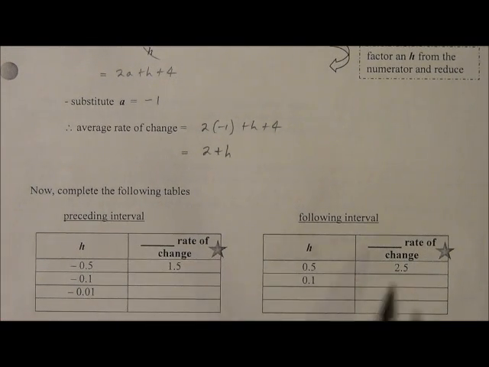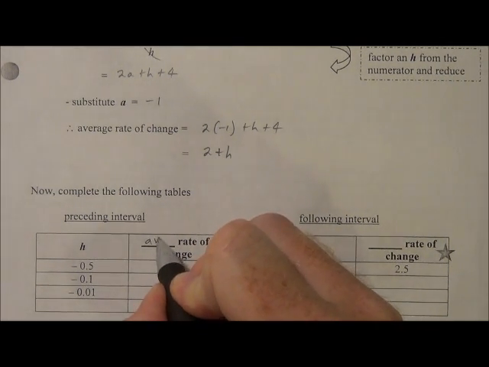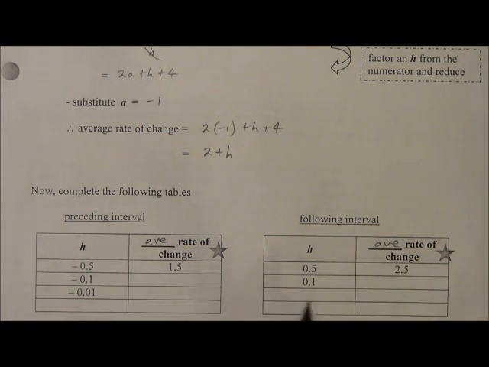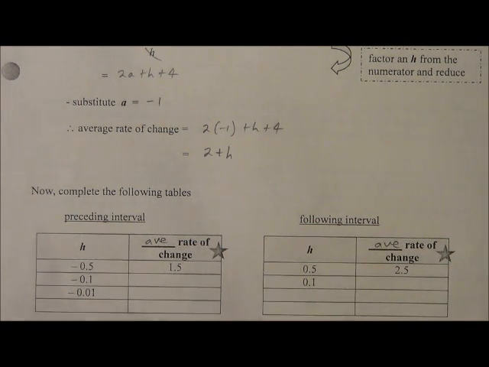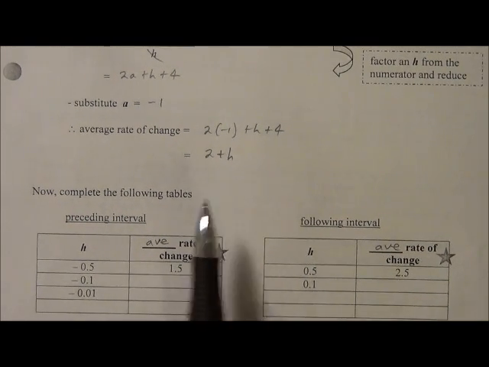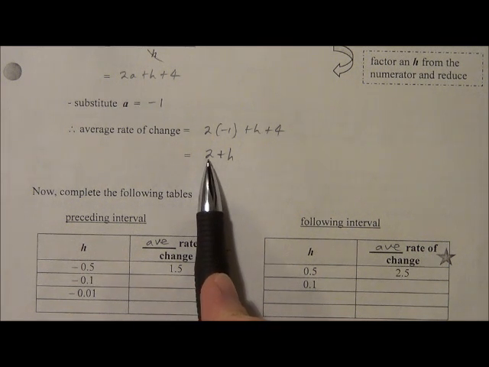Now, we're still not at the estimate of the instantaneous rate of change step just yet. All we're doing is finding the average rate of change for the preceding interval and the following interval. That's all we're doing just yet. So we're going to take very small values of h and add them to 2.